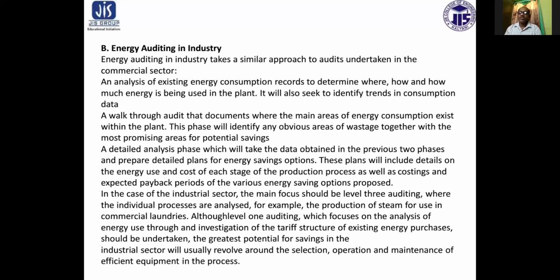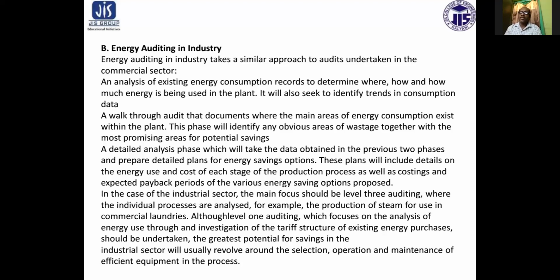These plans will include detail on energy use and cost of each stage of the production process, as well as costing and expected payback period of the various energy savings options proposed. In the case of industrial sectors, the main focus should be level 3 auditing, where the individual processes are analyzed.